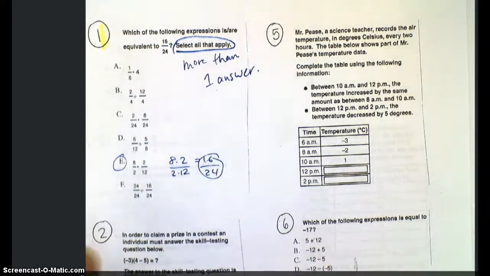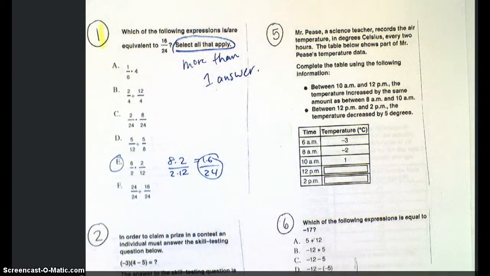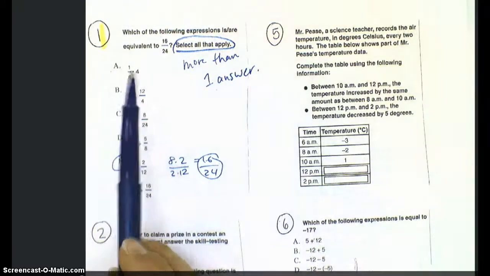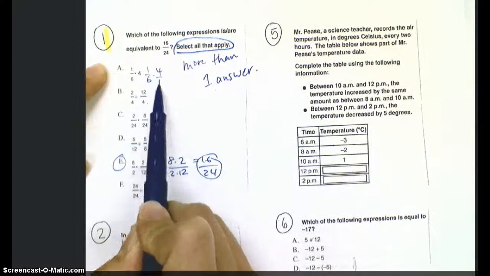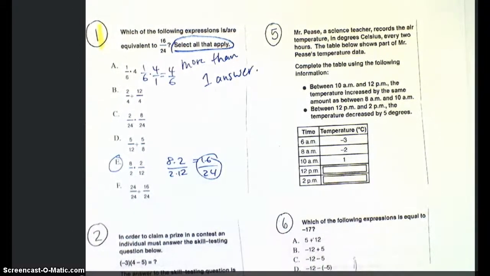So we do really need to go through each and every single one, cross out if it's not part of the answer, and then circle the ones that you want. So let's look at A. 1/6 times 4 is the same as 1/6 times 4 over 1, which is going to give us 4 over 6. Now is that the same as 16 over 24?